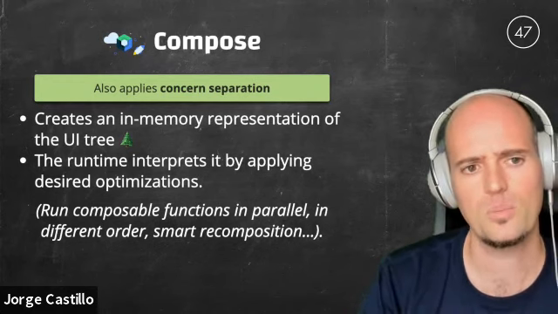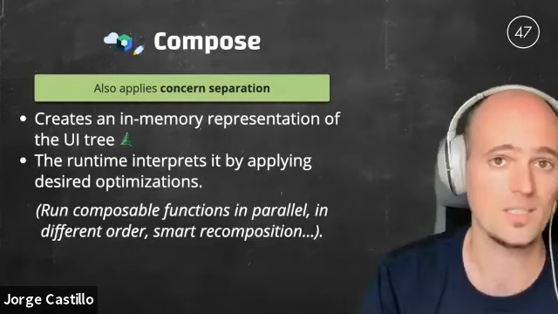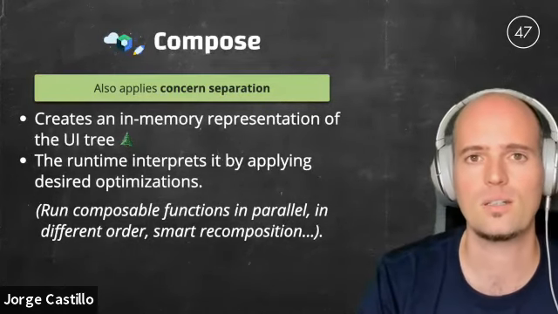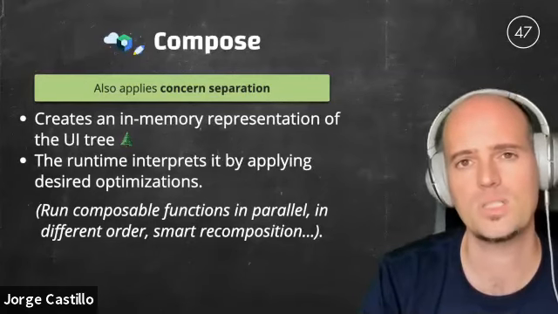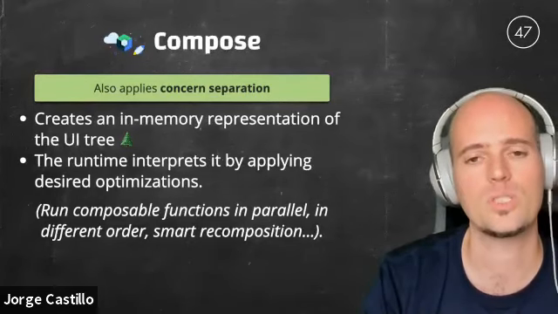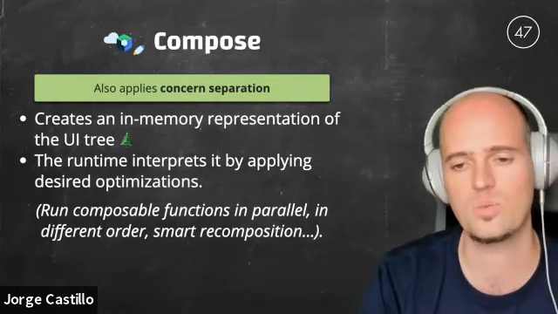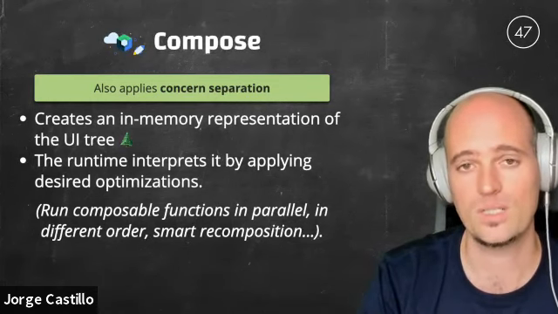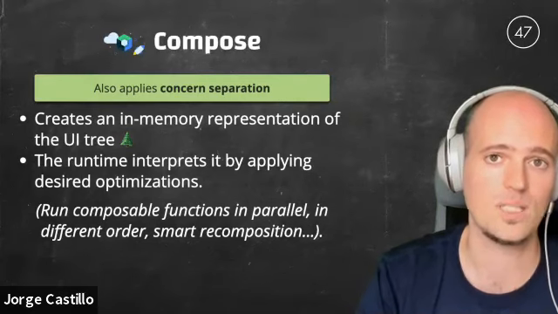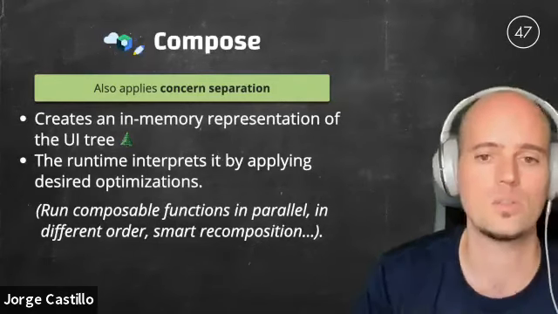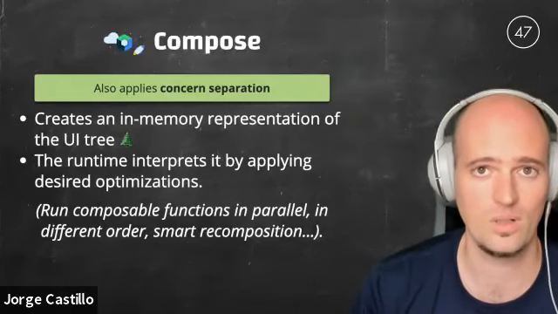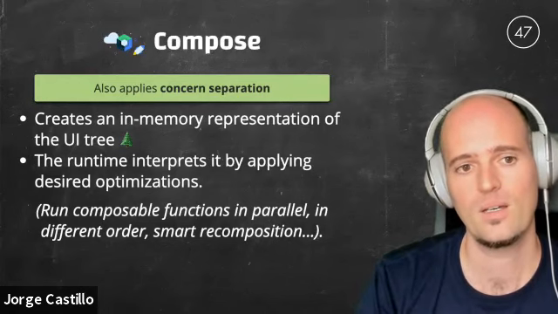And that's what brings the opportunity for optimizing the runtime, because you can do things like running your compositions in parallel, even offloading compositions to different threads, or changing in what order they are going to run. And this is why they tell you not to run side effects inside of the composition or inside of the composables, because you need those to be pure. Okay.